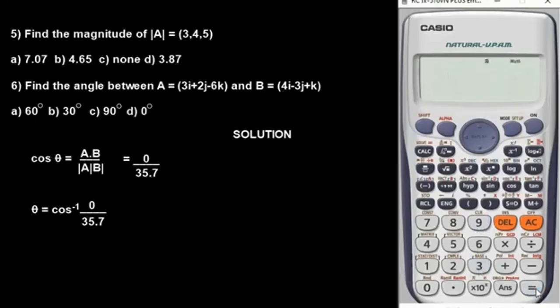So let's find cos inverse of 0 over 35.7. Shift cos, and function 0 over 35.7. So close the bracket. Very simple. So let's press the button and see what we're going to get as an answer. 90. So the answer to this question is 90.